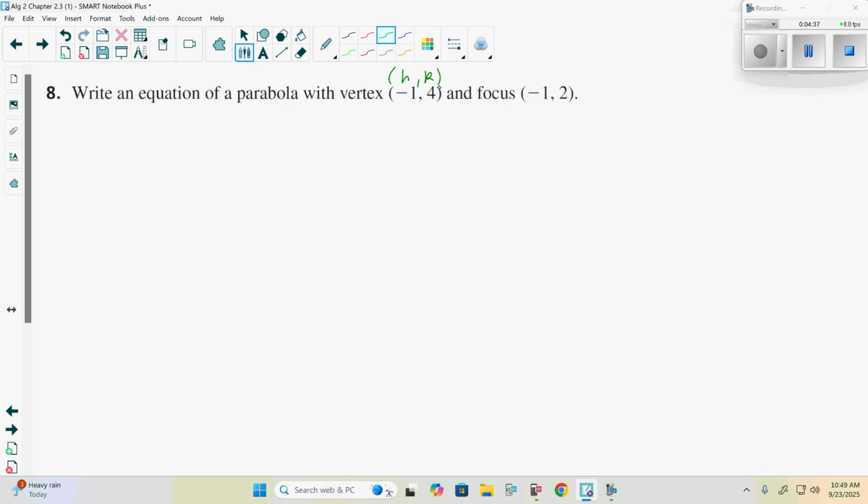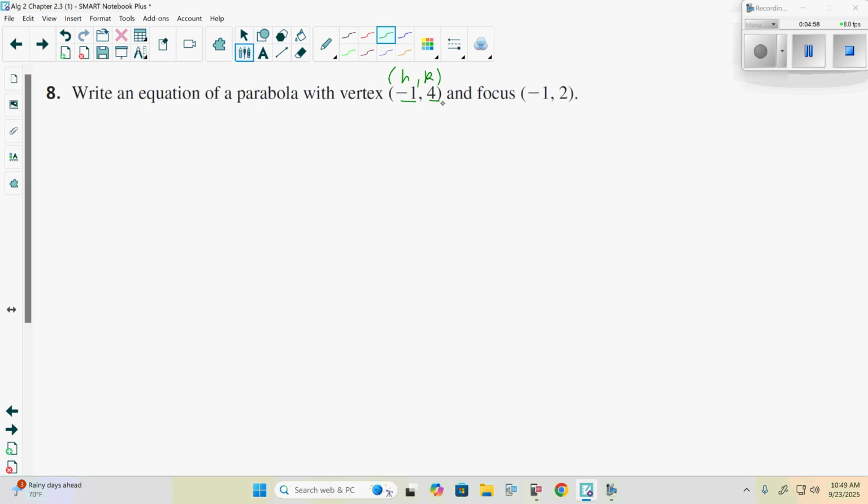Now our focus comes in one of two forms. It's either H, comma, K plus P or H plus P, comma, K. That value of P, that plus P, is going to go with whichever number in the focus that changed from the vertex. So if we look at the two numbers in the vertex, we have negative 1, 4.